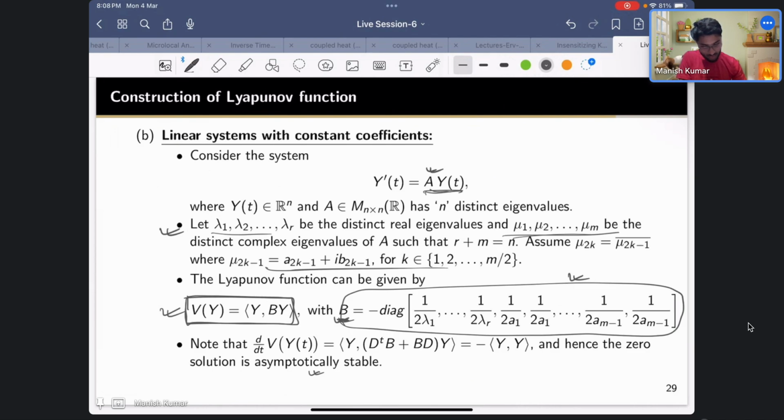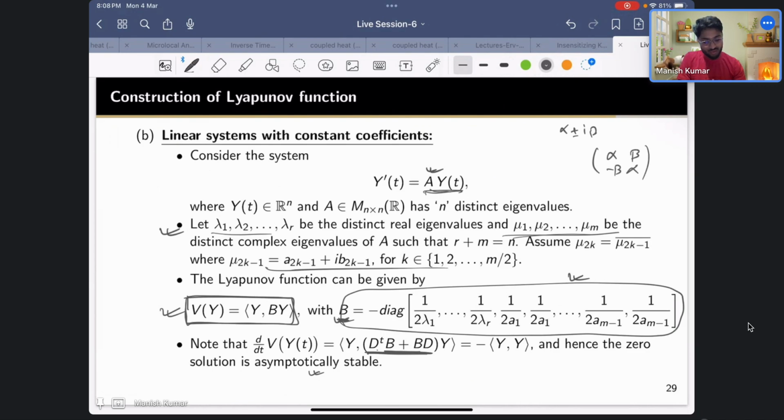Here D is not a diagonal matrix. When you have complex eigenvalues you will not get a diagonal matrix at all, but you know that if alpha plus minus iota beta is the eigenvalue, the corresponding matrix is like this: alpha, beta, minus beta, alpha.